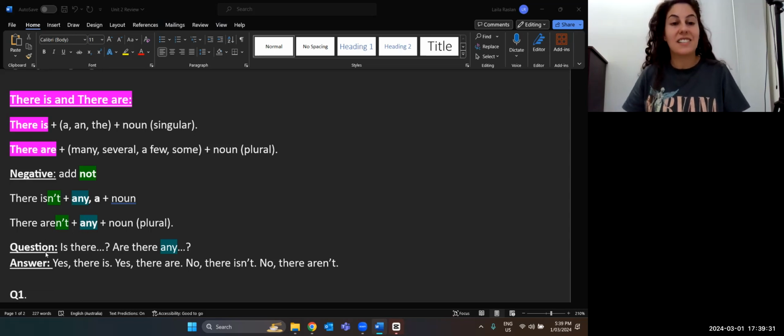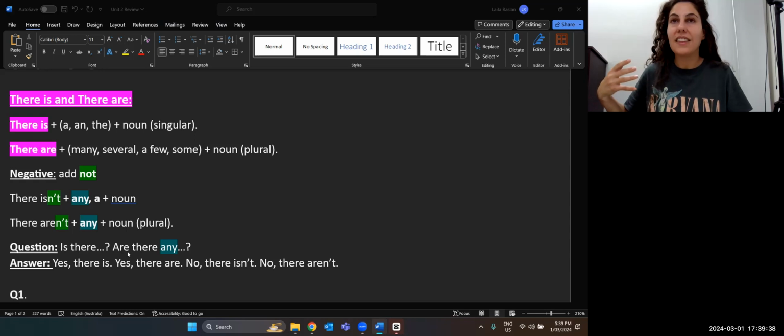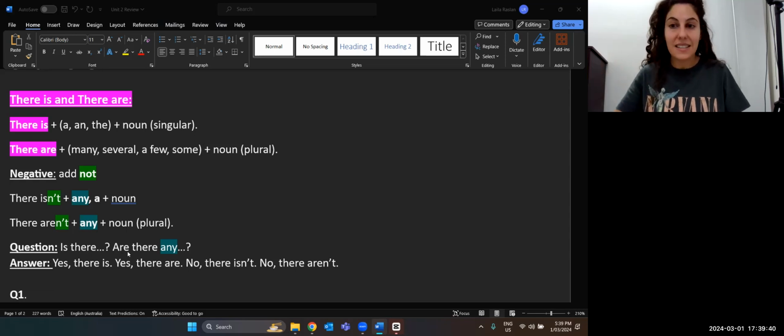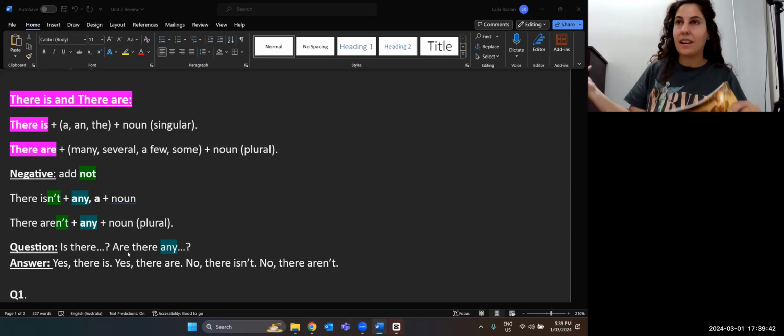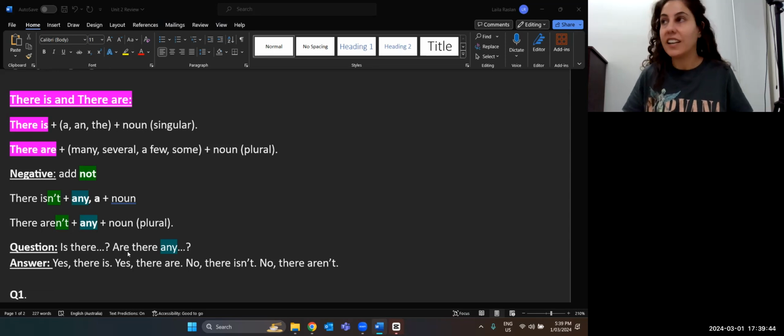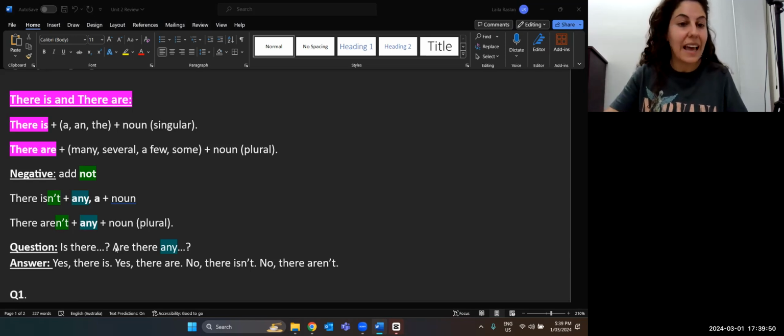But we do also use it in a question. In the plural, we say, are there any, if I'm asking someone, oh, are there any classes that you do that I can join? Are there any books that you don't need? So I can also use it as a question. So make sure any is used in a negative, singular and plural, and in a question.